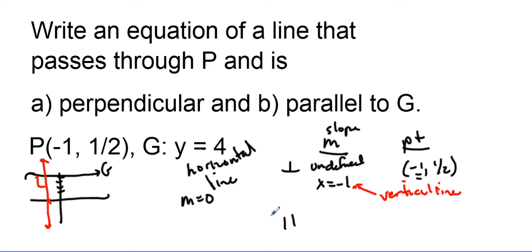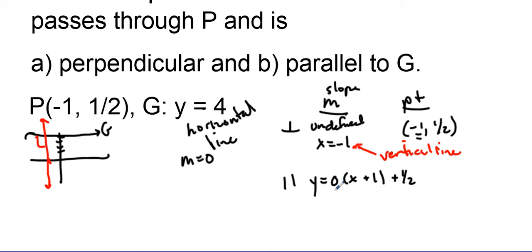Parallel means they have the same slope. So what's the parallel line? That means it has a slope of 0. So we have y equals 0 times x plus 1/2, because remember, these are point-slope form. We can simplify this: y equals 1/2. So 1/2, about right there.